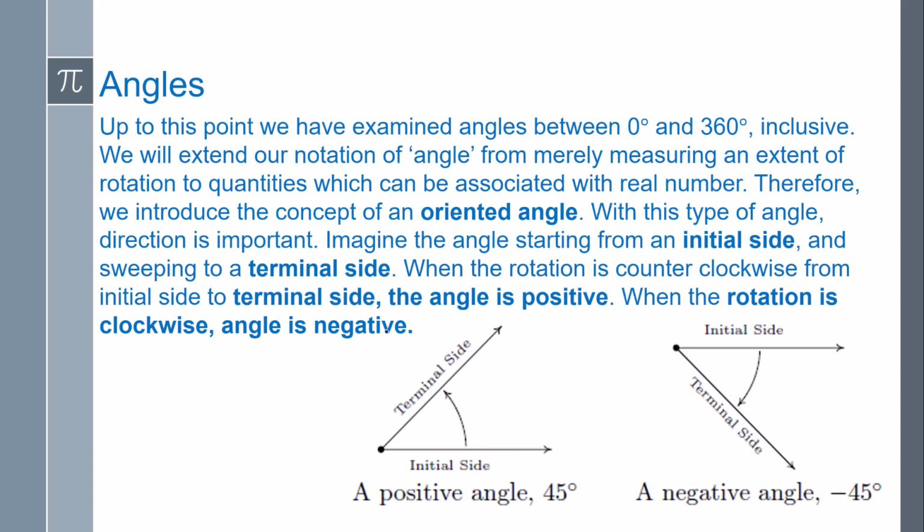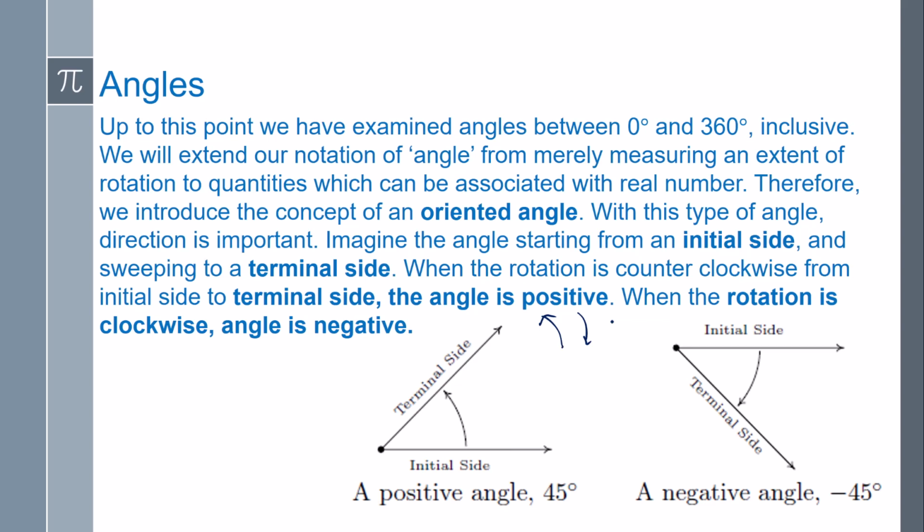Now, I had mentioned that there is that level of ambiguity, right? Like, how do I rotate? Did I rotate this way or did I rotate that way? Well, to do that, what we do is we actually name the rotation itself.